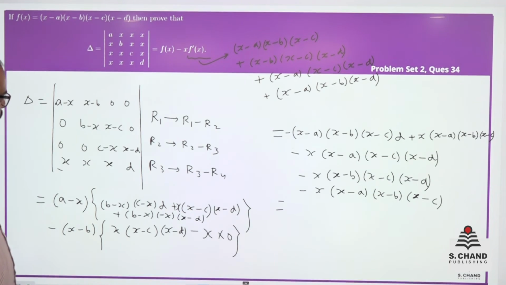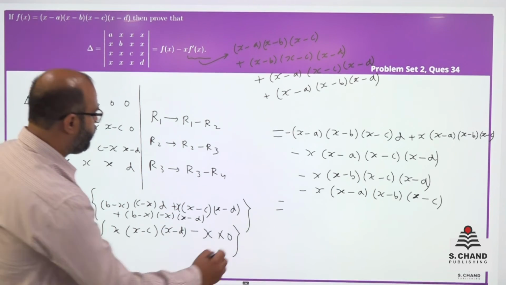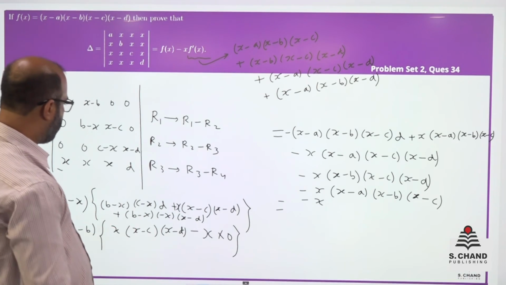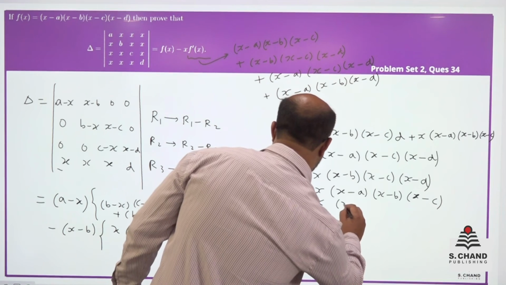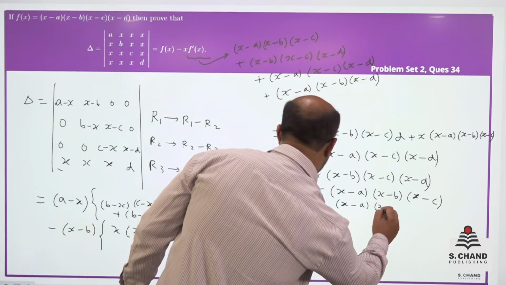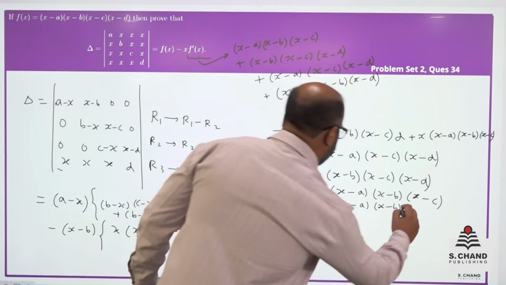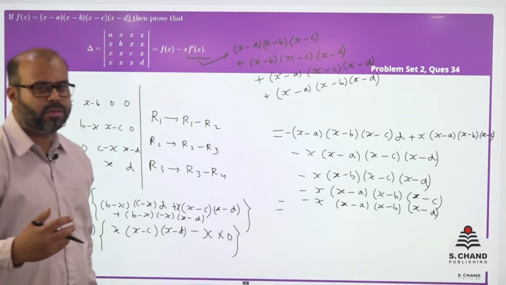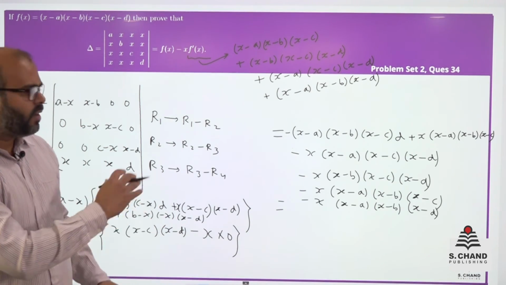Yeah, that is fine. So this one term we missed. So that one term will go there. It will become minus x, x minus b, x minus a, x minus b, x minus b, x minus d. Yeah. So while calculating, there may be possibility of some miscalculation while doing mentally, but you can finally find out the error.